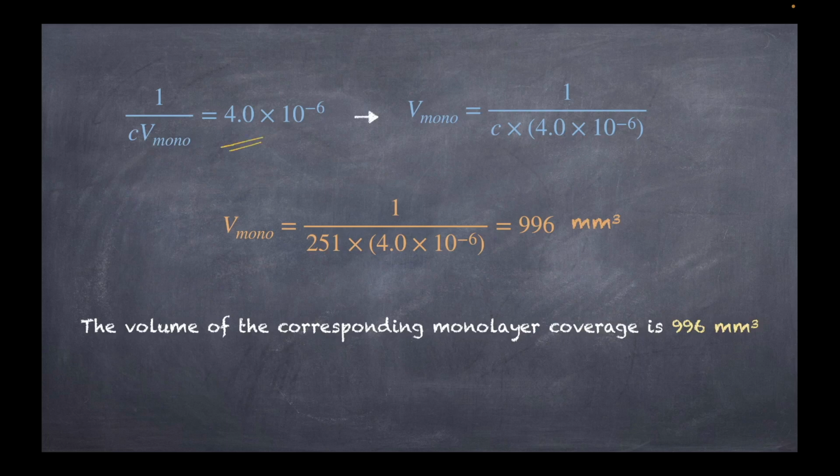We know the value of C, so we can find V mono. V mono will be 1 divided by 251 times 4.0 into 10 to the power minus 6, which is nearly equal to 996 mm^3. So the volume corresponding to the monolayer coverage is 996 mm^3.